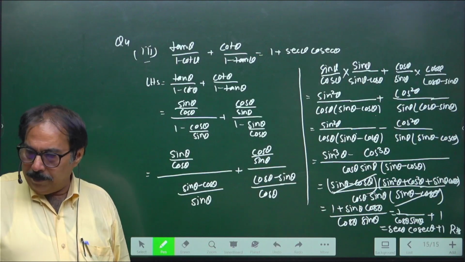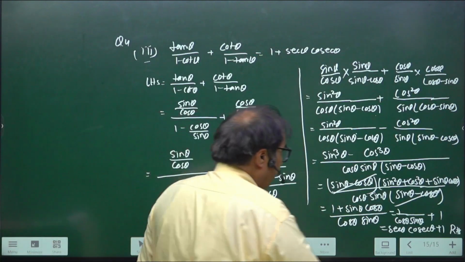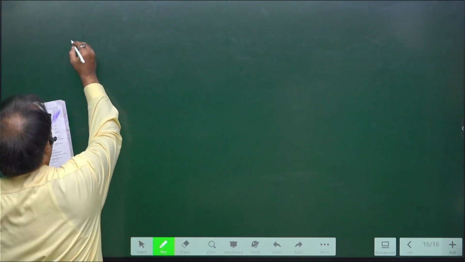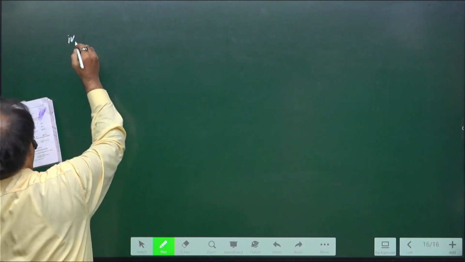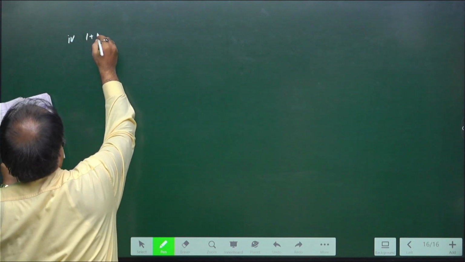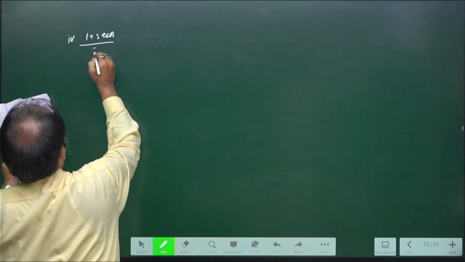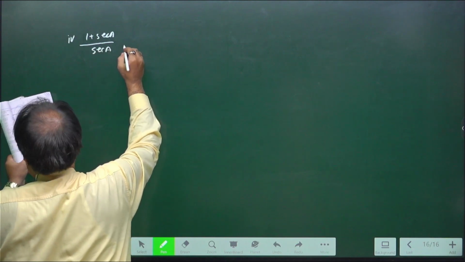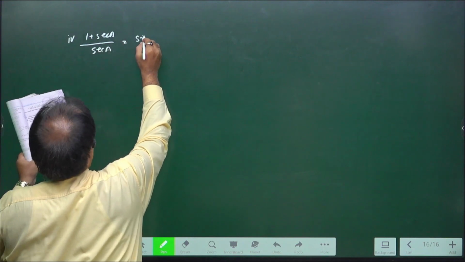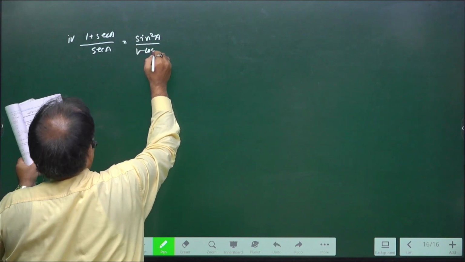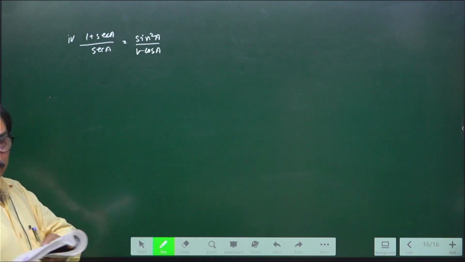Now I am taking the next question, that is question number 4, the 4th part. The 4th part of this question: 1 plus secant A divided by secant A is equal to sin square A upon 1 minus cos A, right?